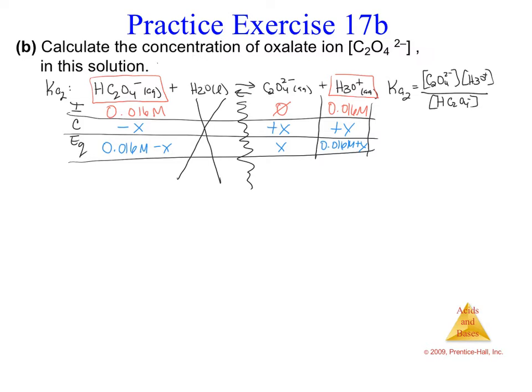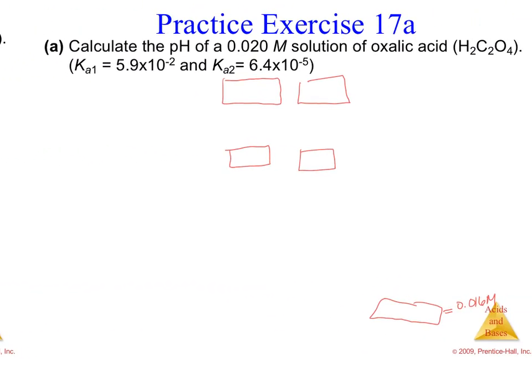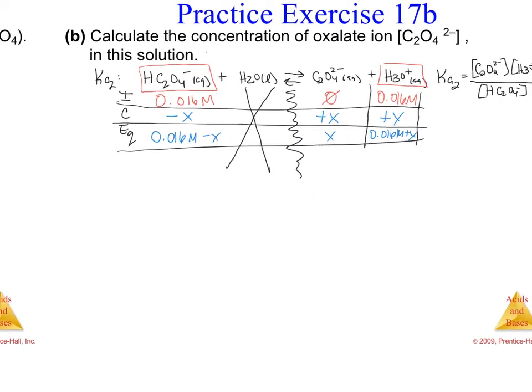So now we need to stop and think, how do I solve for X? Well, I know I'm going to use my numerical value of Ka2, which was given on the previous slide, 6.4 times 10 to the negative 5th.